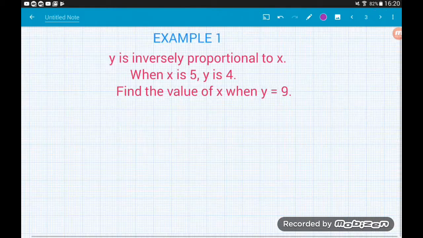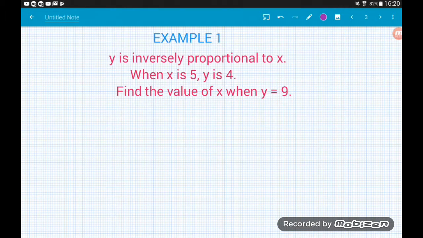So, example 1. y is inversely proportional to x. When x is 5, y is equal to 4. Find the value of x when y equals 9. So how do we attack this sort of question then? Well, let's do it a sentence at a time. This top sentence tells us the type of proportion we're dealing with.